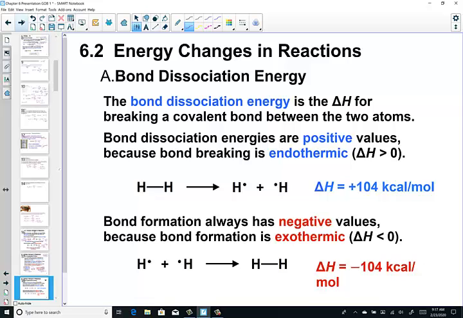The bond dissociation energy, to define the term. Let's write that as saying it's the heat, the delta H is heat, for breaking a covalent bond between two atoms. The bond dissociation energy. How much energy does it take to break a bond?